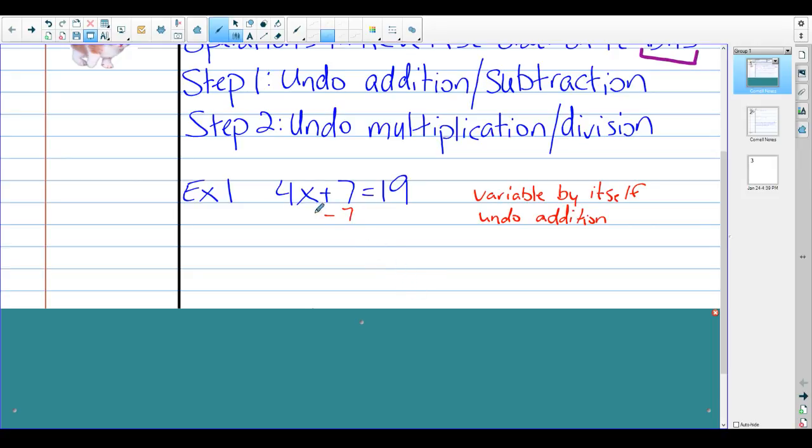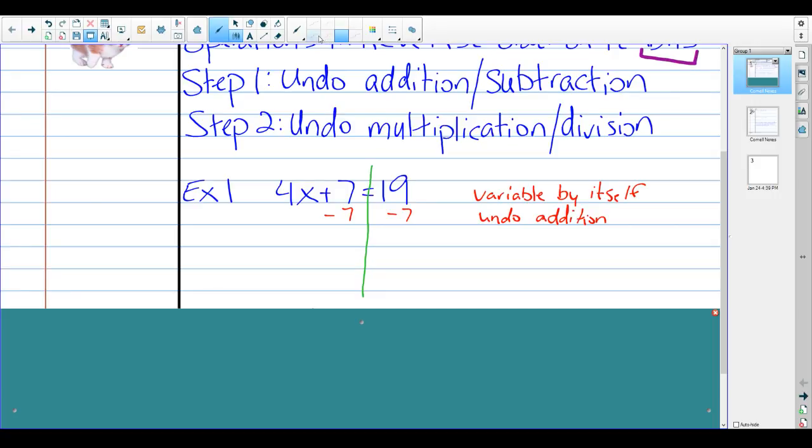Okay? And this is where kids make mistakes. We do it to both sides of the equation. So we already did it on the left side, so we need to do it on the right side of the equation. Just put a line down the middle here, where the equal sign is. You need to do it on the left side and on the right side.